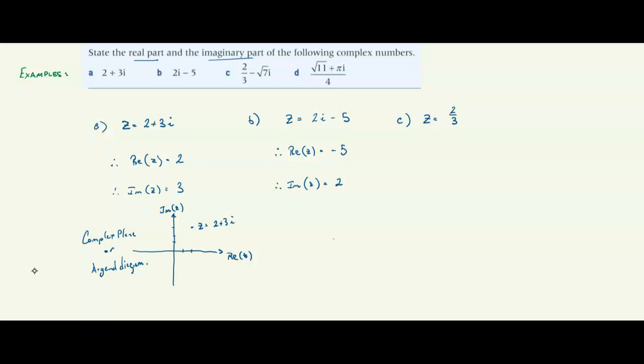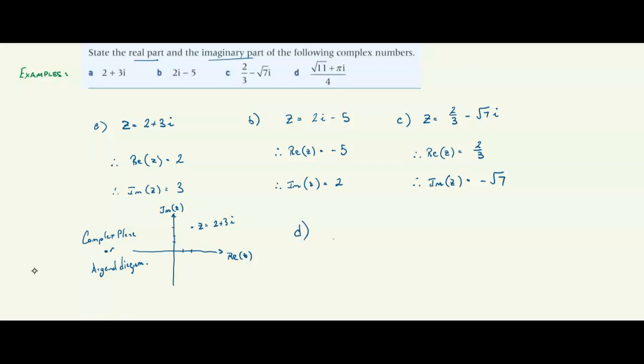We've got 2/3 minus root 7i. No problem here. Remember that a and b just come from our set of real numbers. Our real part of z, real component of z, is the 2/3. And our imaginary part of z is equal to negative root 7. Fabulous.